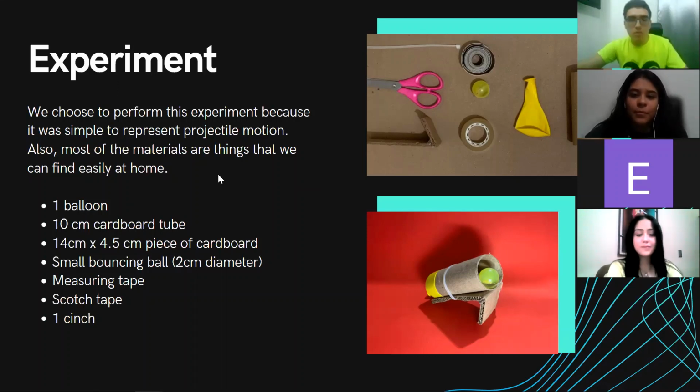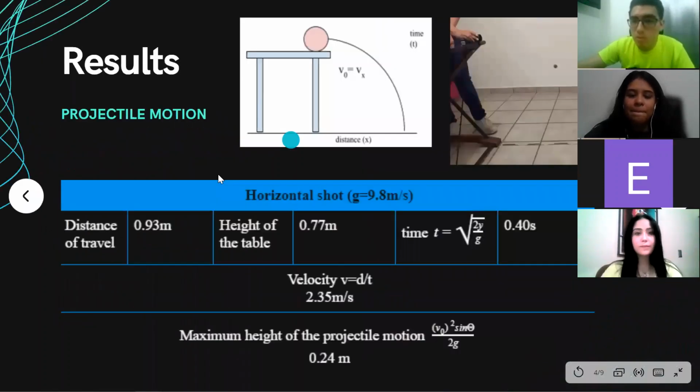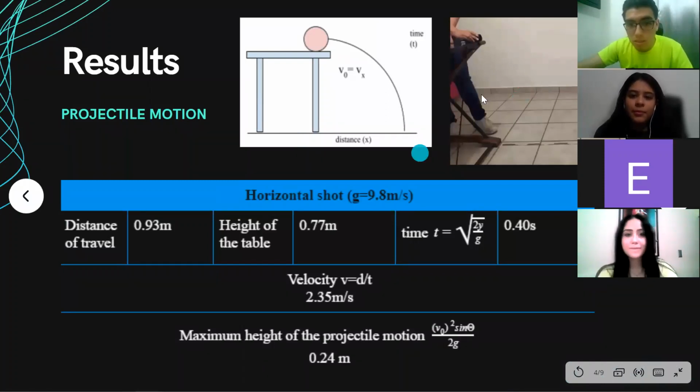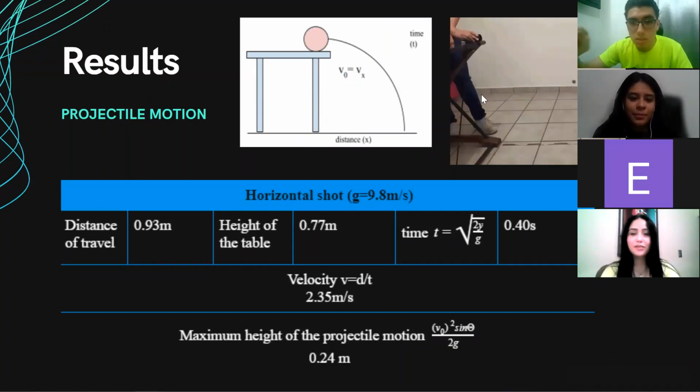In this experiment, as you can see, first we did a horizontal shot, where Gemma shot this projectile from a fixed height.